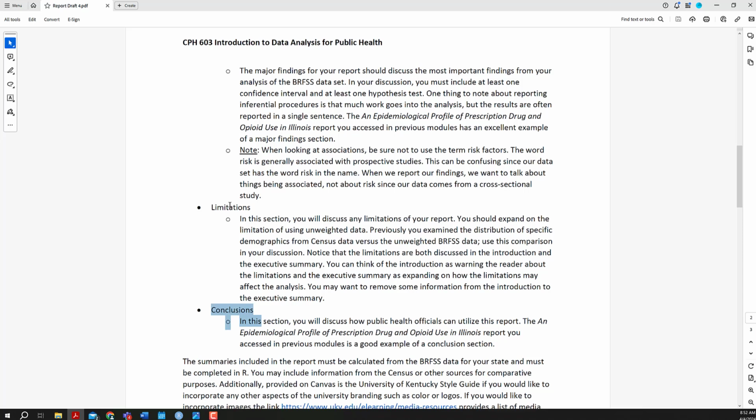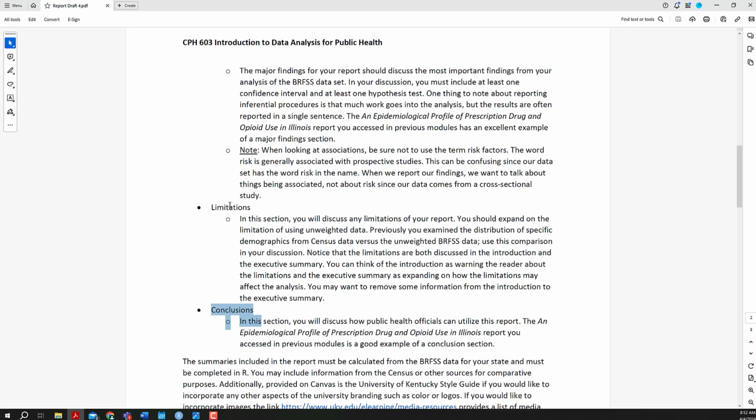And one thing that you'll want to include in here is, previously in the course we looked at that comparison of demographic variables for your state using census data versus what you saw in the sample. And most likely what you saw was, in the sample, we tend to oversample those that are over the age of 65. And this is just something that happens with surveys.